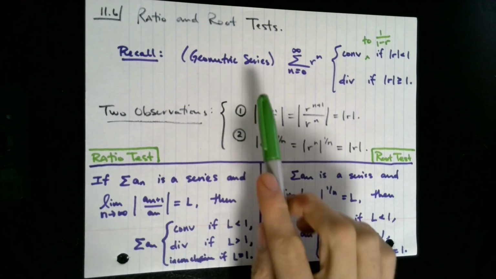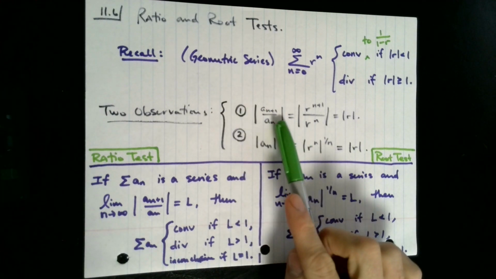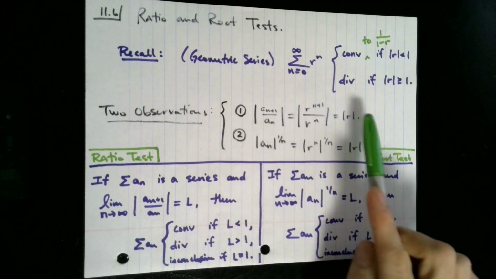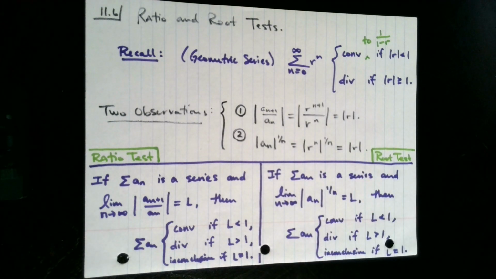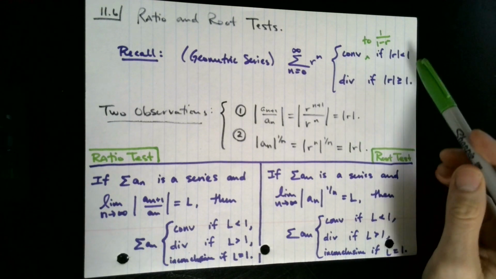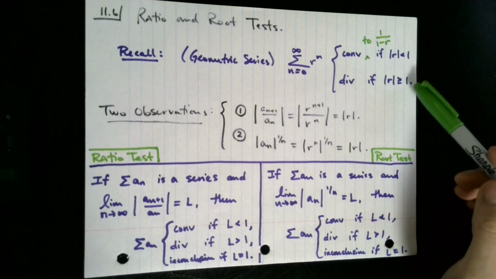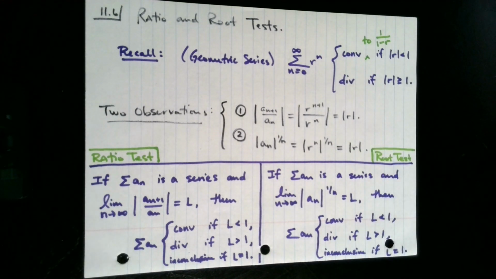So, note, for geometric series, when you make a ratio of a sub n plus 1 over a sub n, you get precisely the absolute value of r. And note how this relates to the convergence of the series, because absolute value of r plays a key role in the convergence of the series. When absolute value of r is less than 1, we get convergence; greater than or equal to 1, divergence.